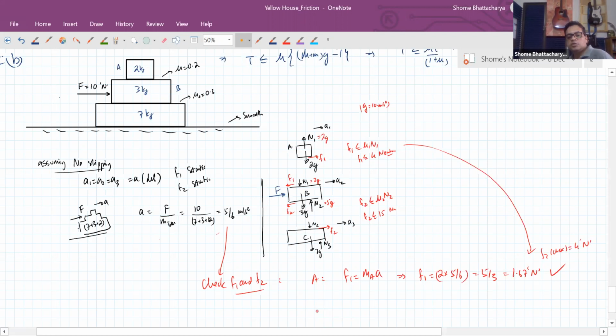But also look at C's free body diagram. So F2 is equal to mass of C into A. The amount of friction required here is mass of C, which is 7 kg into 5 by 6, so 35 by 6, which is close to 6.